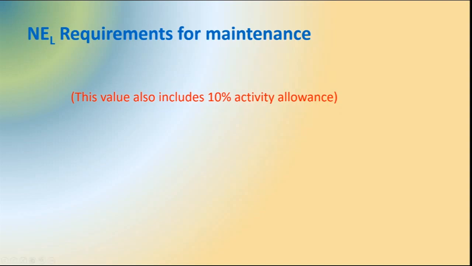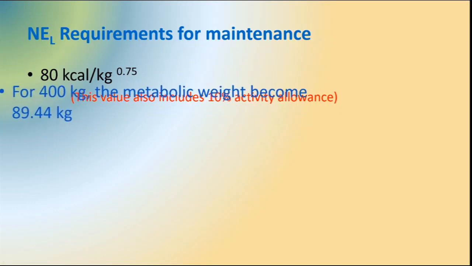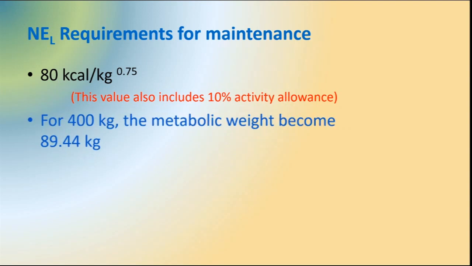then we have to follow this. Here, the net energy for lactation requirement is 80 kilocalories per kg of metabolic body weight of the animal. This value also includes a 10% activity allowance. It means the activity allowance is added at the rate of 10%. So for the 400 kg animal, we have calculated the metabolic body weight, that is 89.44.